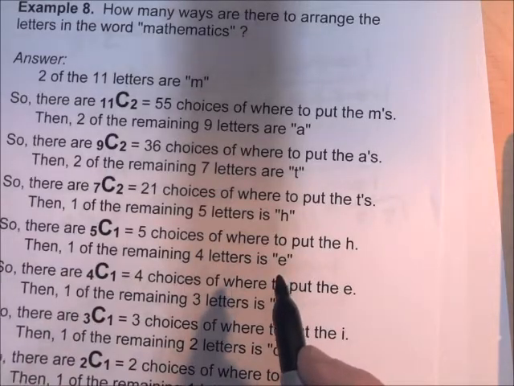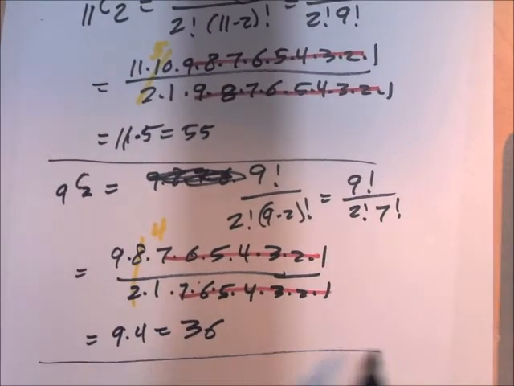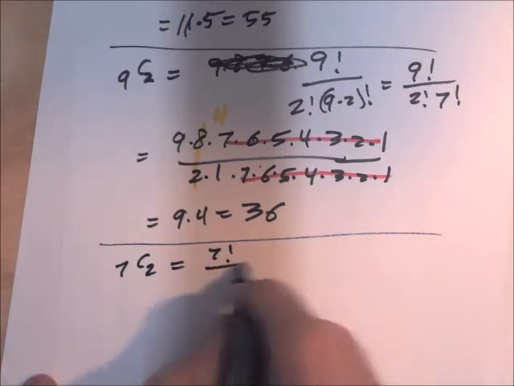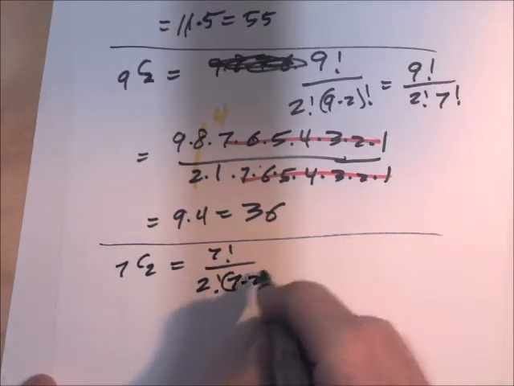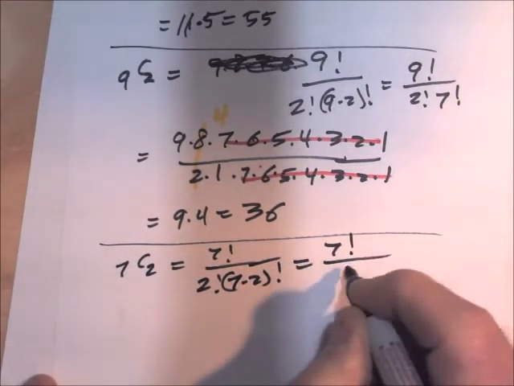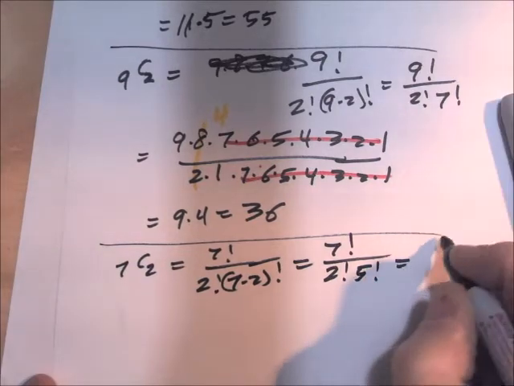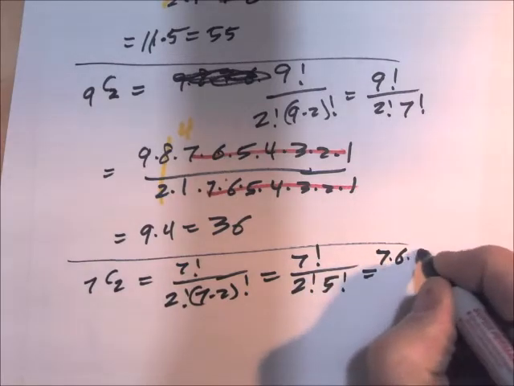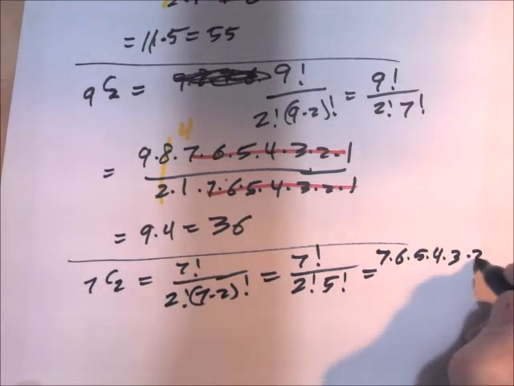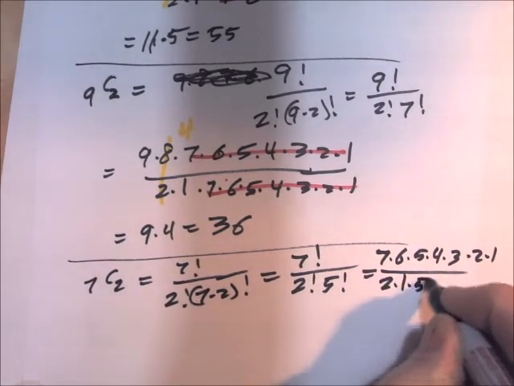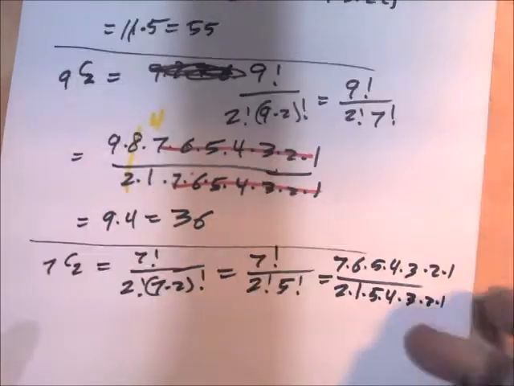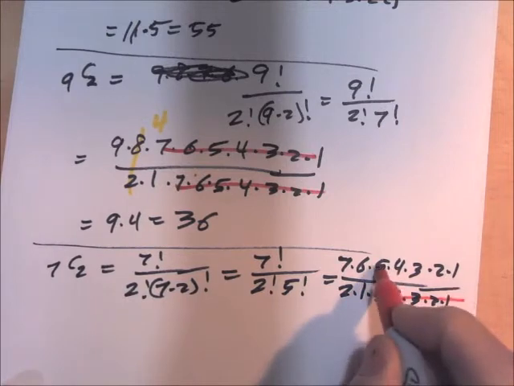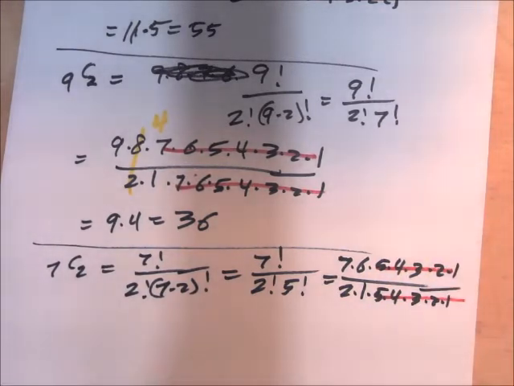And then we do 7 choose 2. That's 7 factorial over 2 factorial times 7 minus 2 factorial, which is 7 factorial over 2 factorial times 5 factorial. 7 times 6 times 5 times 4 times 3 times 2 times 1 over 2 times 1 times 5 times 4 times 3 times 2 times 1. 5 on down cancels, and 2 into 6 goes 3 times.